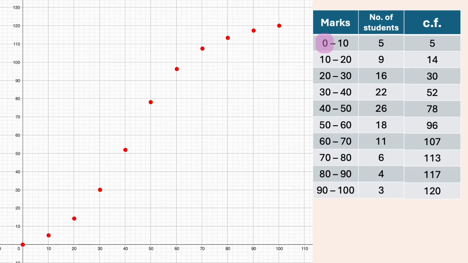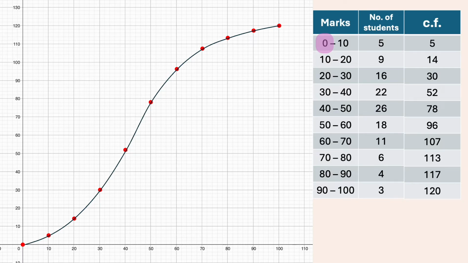Now all these points are joined with a freehand curve. The curve obtained is known as an ogive, or this is also known as the less than cumulative curve.